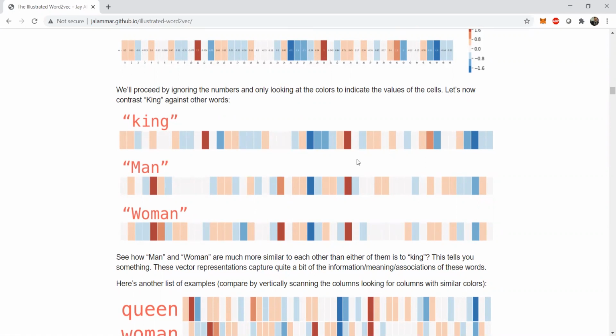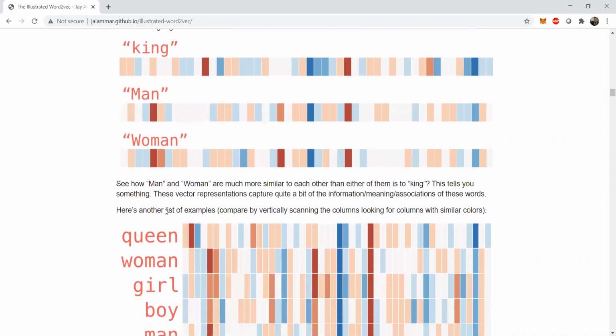Now, if we observe very closely, we can see that the color changes of man are very similar to the color patterns observed in woman. These two words are hence very semantically similar as compared with king. So man is closer to woman, and the vector for man is closer to the vector for woman as compared to king.